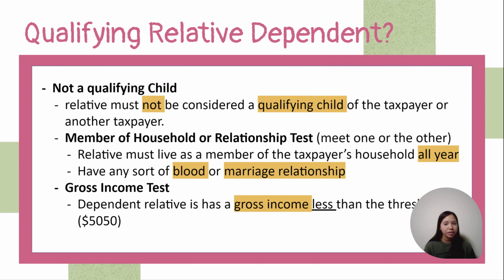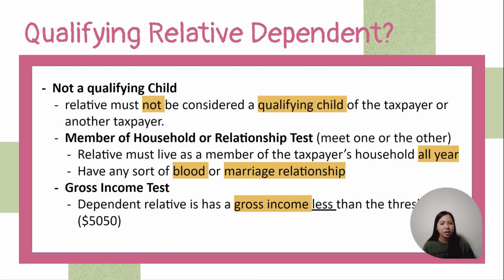The first caveat is the member of household test, meaning that a relative must live as a member of the taxpayer's household all year. So if you have a friend who is living in your house, in order to claim them as a dependent, they must live in the house all year. The other option is the relationship test. To pass this dual test, you have to be either a member of the household or have a blood or marriage relationship to the taxpayer.